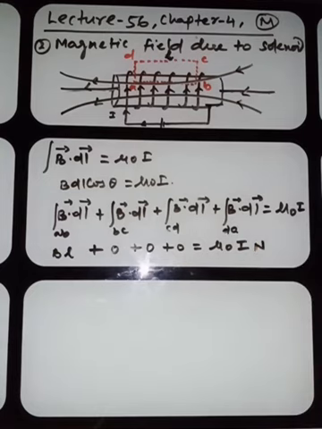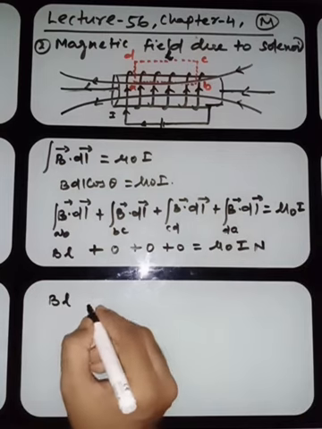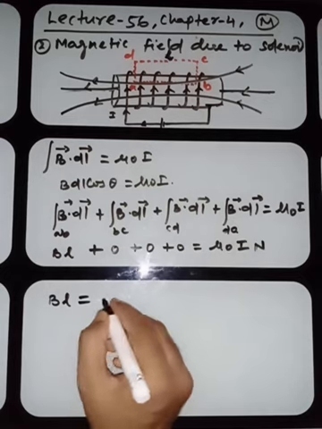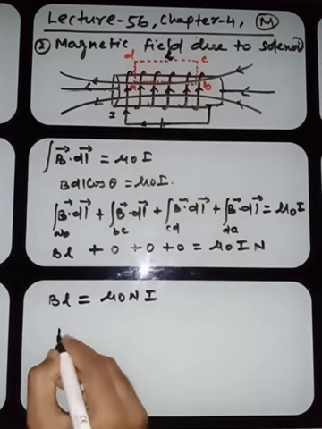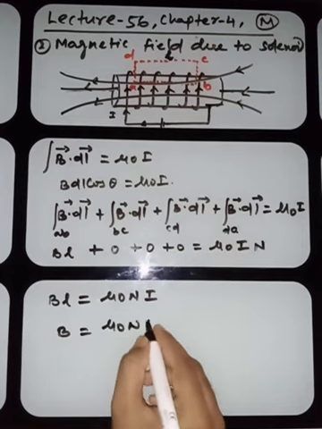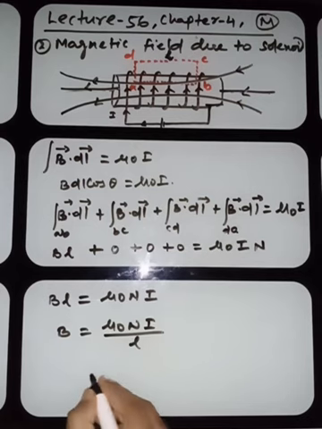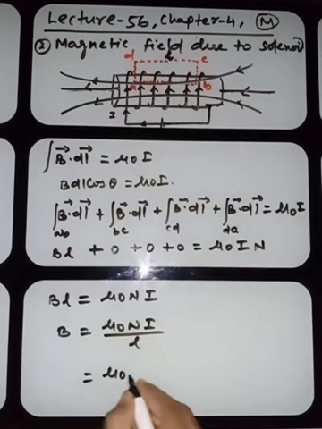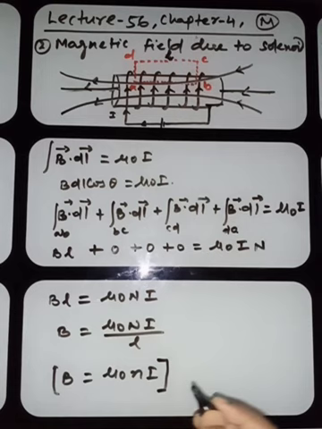So B dot dl gives BL equals mu naught n I finally, and B can be written as mu naught n I by L, and this n by L we know is the small n. So B equals mu naught n I. This is the magnetic field due to a solenoid.